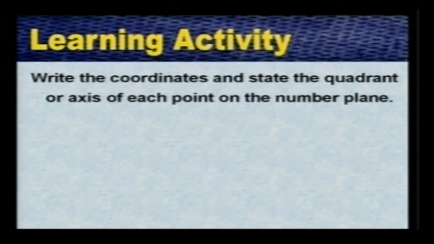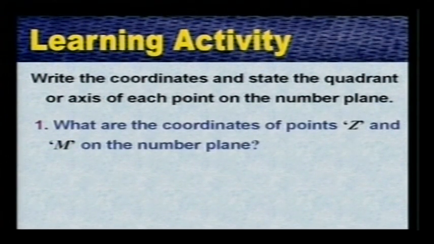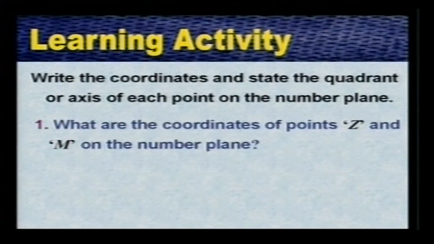We will write the coordinates and state the quadrant or axis of each point on the number plane. We'll be using the quadrant number plane which is on the whiteboard. Now, as our learning activity, I'd like you to answer that first question. What are the coordinates of points Z and M?